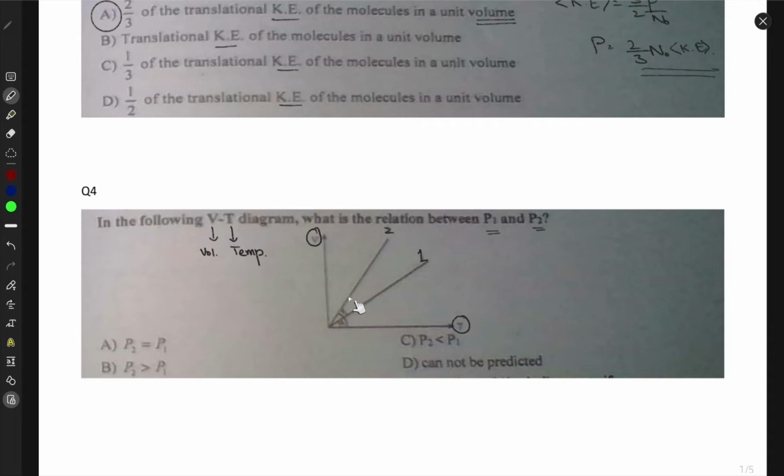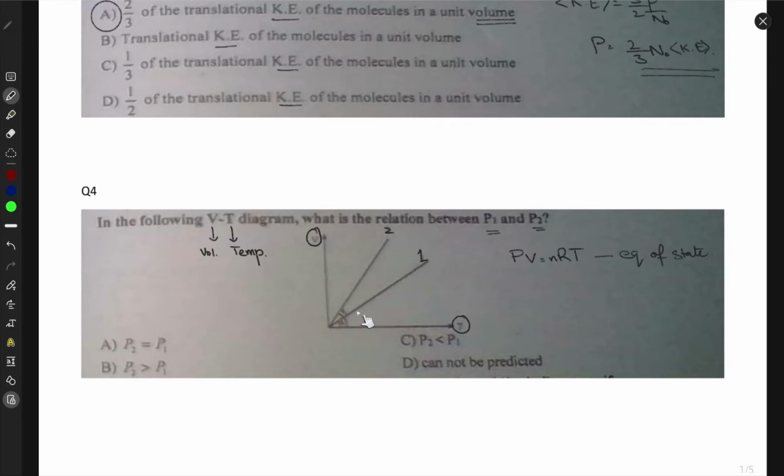So what does this tell you about pressure if this is a VT graph? We know that PV is equal to nRT. This is the equation of state for an ideal gas.